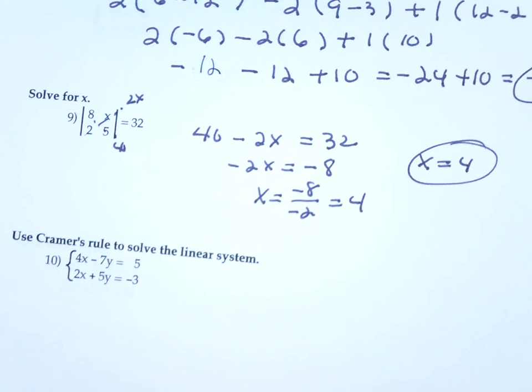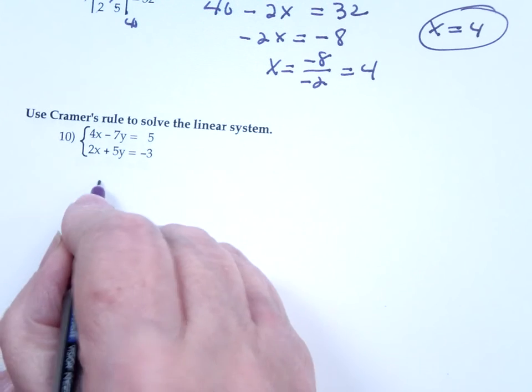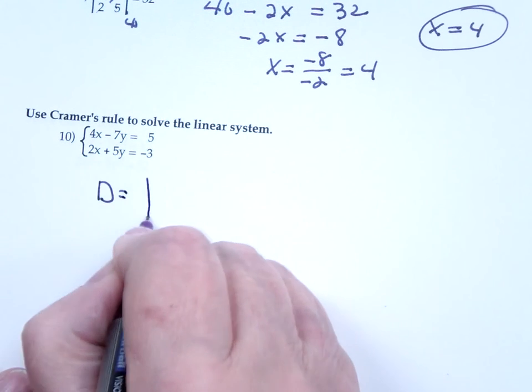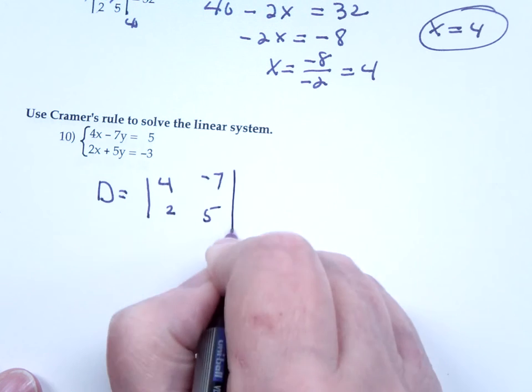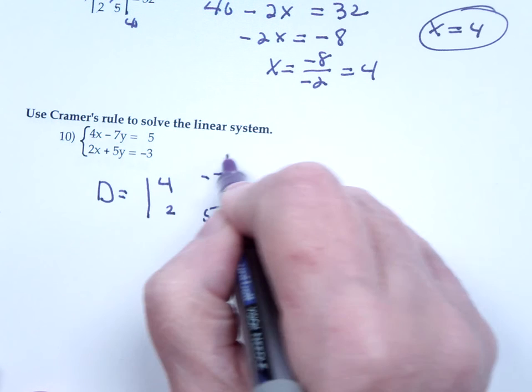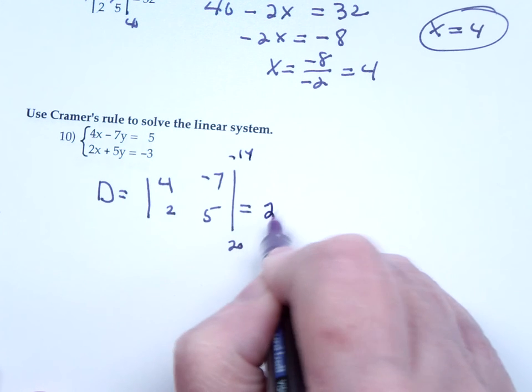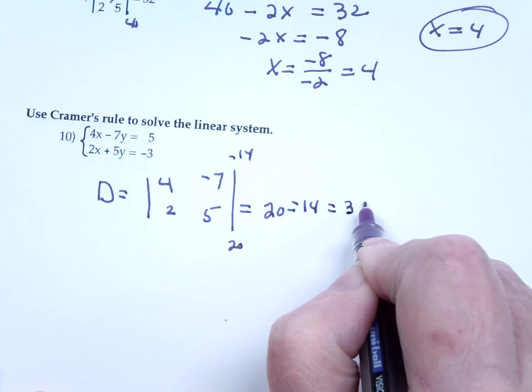Solve using Cramer's rule. Well, I'm going to my paper here. The determinant of coefficients is 4, 2, negative 7, 5, which is down minus up. So this is 20 minus negative 14. So 20 minus a negative 14 is 34.